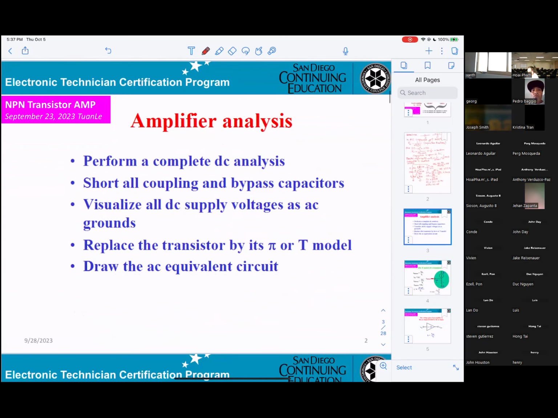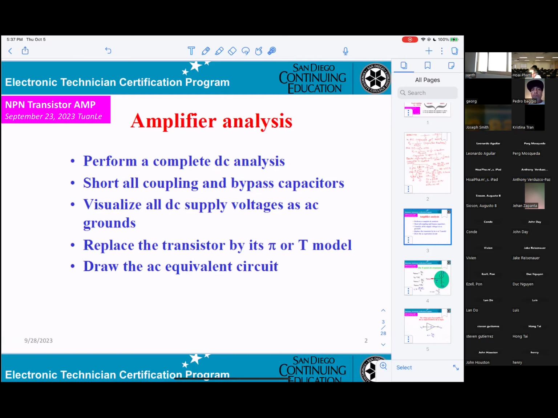Okay, amplifier analysis. Perform a complete DC analysis. That means before you do the amplifier, you have to do your calculation for the DC first.